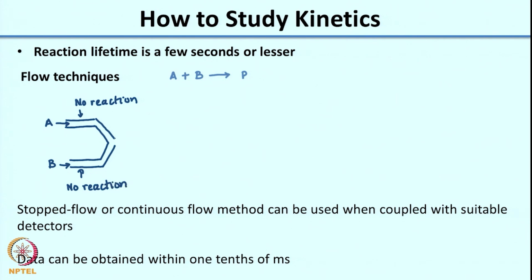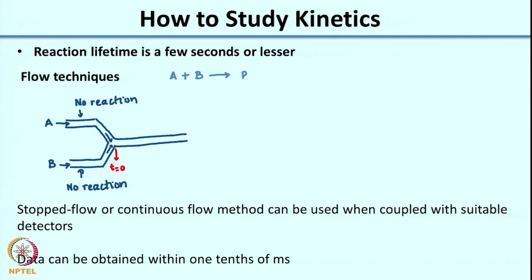Now, when you mix the two together, that is when your reaction takes place along this pipe. At this point you have A coming here and meeting B. So this is when your reaction starts, and this corresponds to T equal to 0.